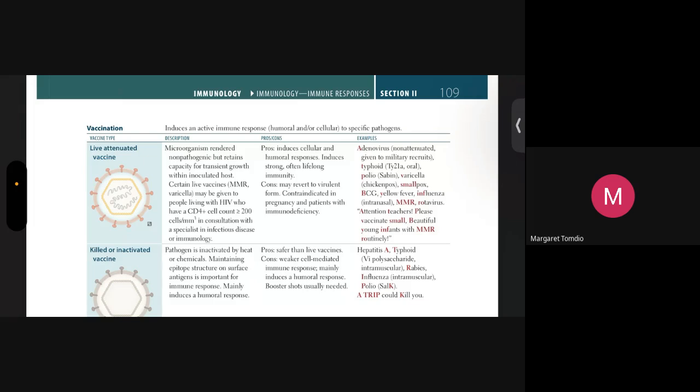Okay, so what are the pros and cons? First of all, let's see that, right? The pros are that we can induce both a humoral response and a cellular response. So if you remember, how do we generate a cellular response? You guys know the cellular response is generated by infection. This bug still has the ability to infect, let's suppose, a dendritic cell, right?